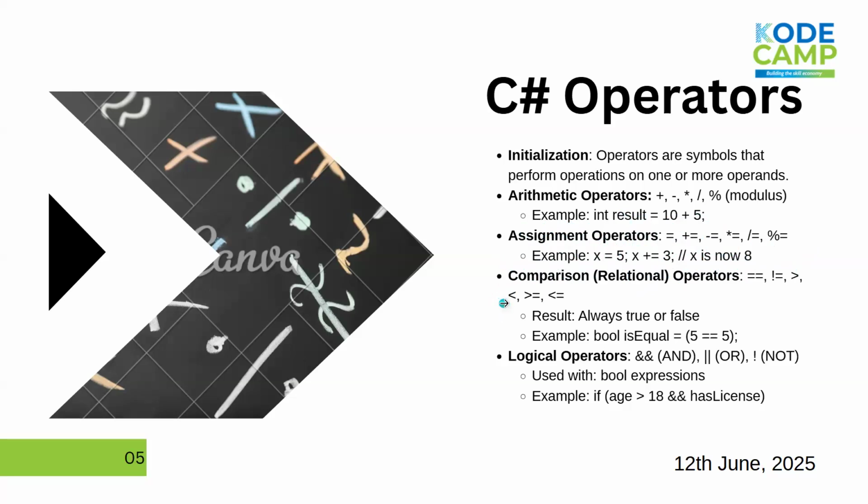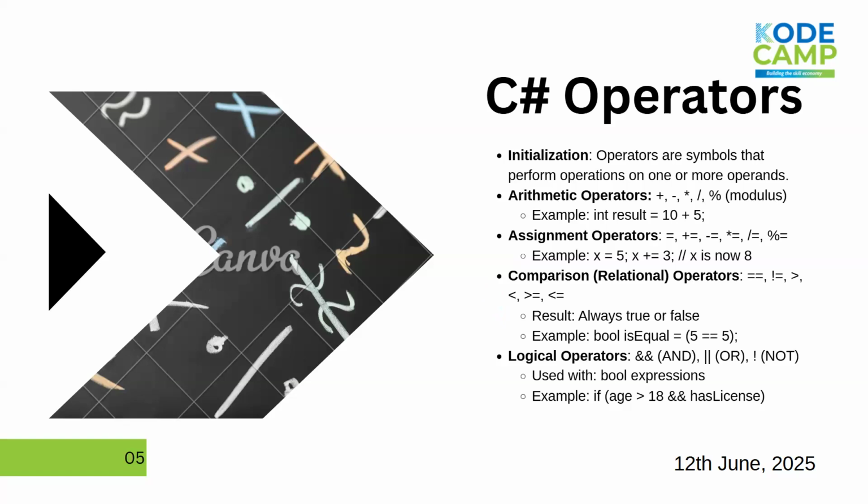Then for comparison operators, they are used to compare two values. After comparing the two values, their result is always true or false, which is the Boolean data type.